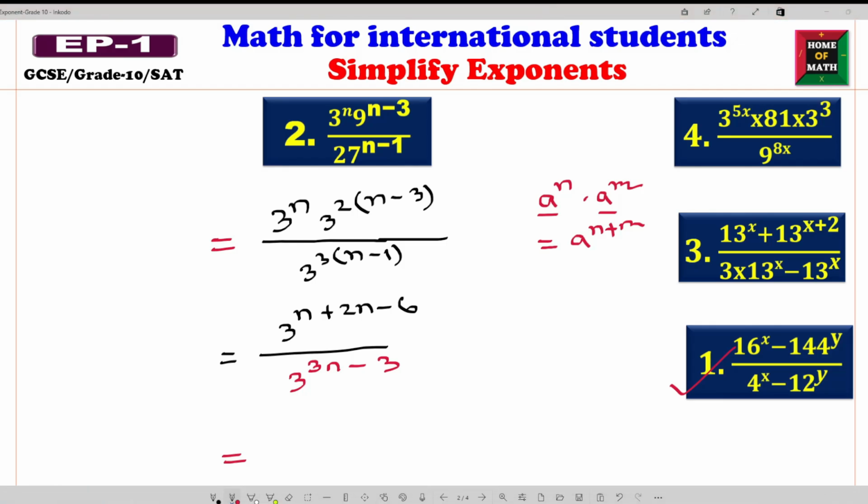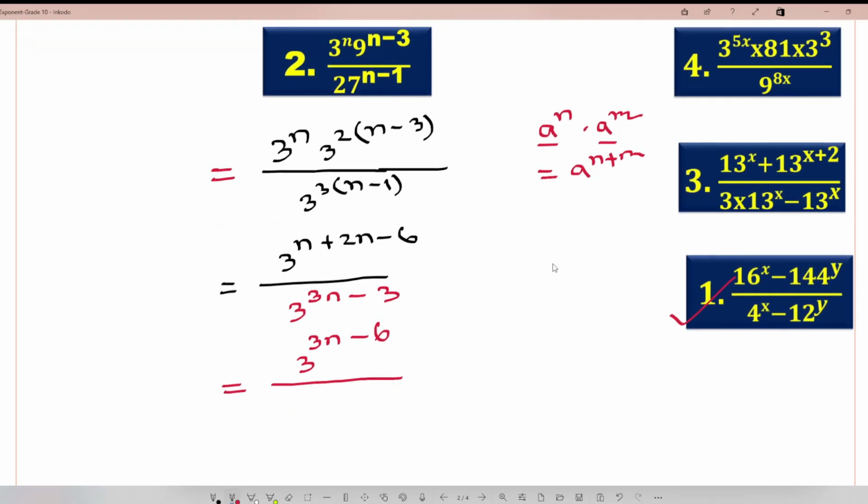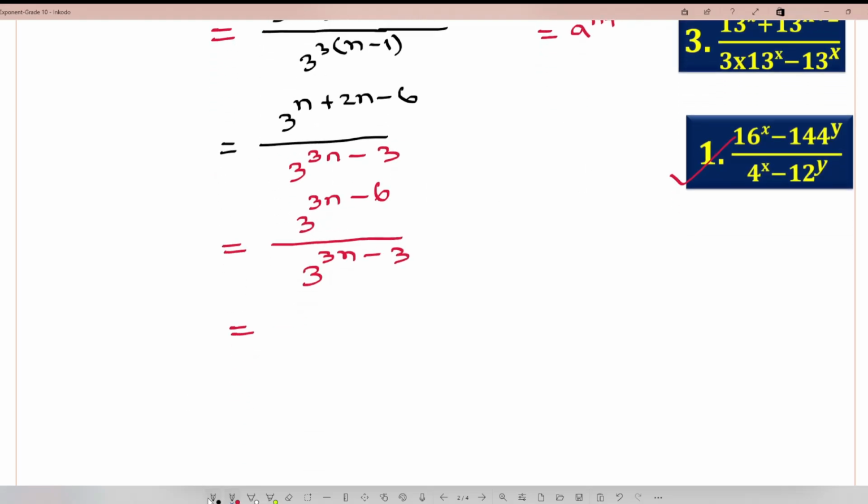Now here is n plus 2n, that means 3n minus 6, divided by 3 to the power 3n minus 3. Then look, here bases are the same.